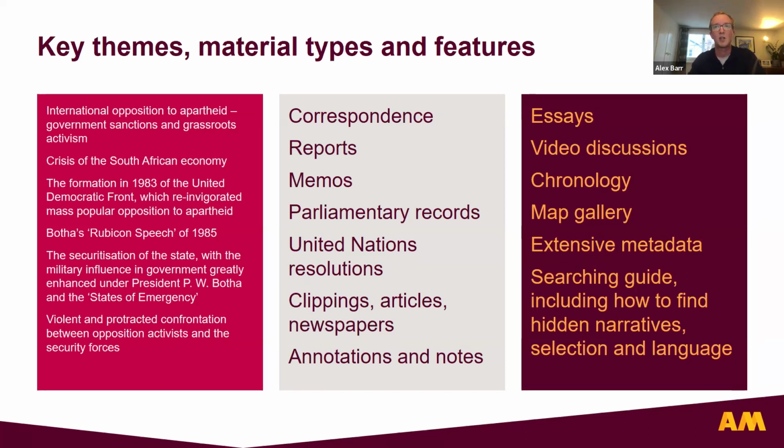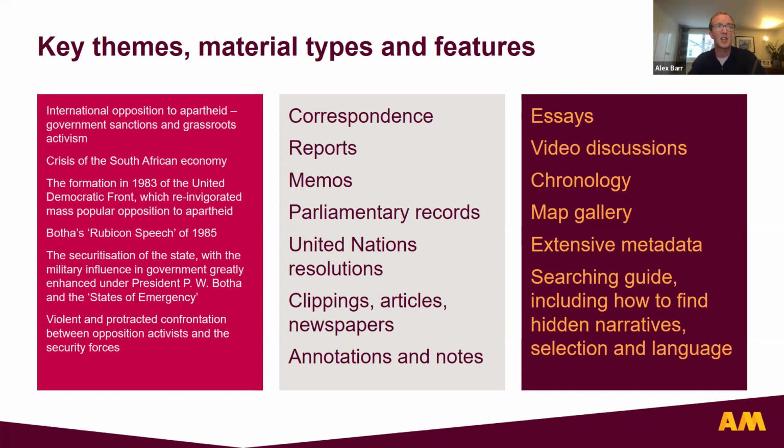And these international movements were also mirrored by a resurgence in mass popular opposition against the apartheid regime within South Africa itself, again with the formation in 1983 of the United Democratic Front, and as groups such as the ANC and its militarized wing, Umkhonto we Sizwe, stepped up campaigns of sabotage against government targets with the aim of making apartheid ungovernable.